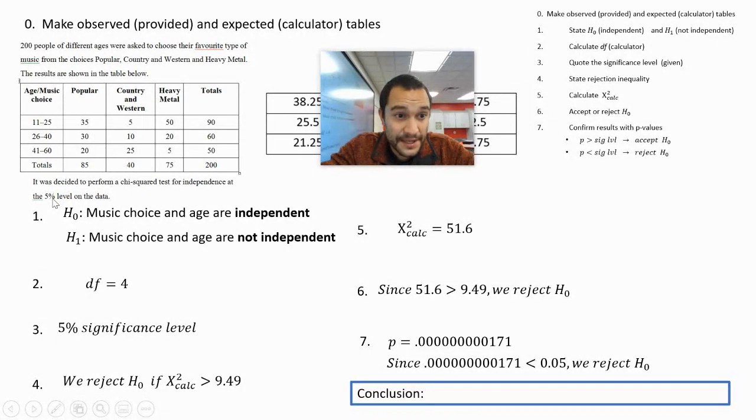So if this were a 10% significance level, you'd be comparing your p-value to 0.1. I'm comparing it to 0.05, and since it's smaller, it says reject H sub 0. So we're rejecting the null hypothesis again. These steps 6 and 7 will always tell you the same thing if you do it right.